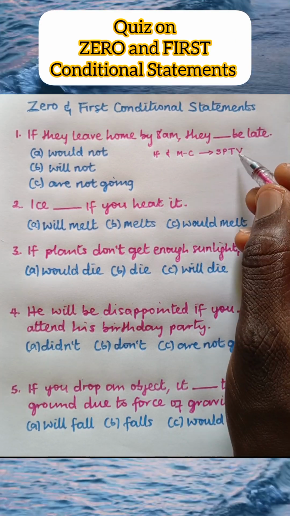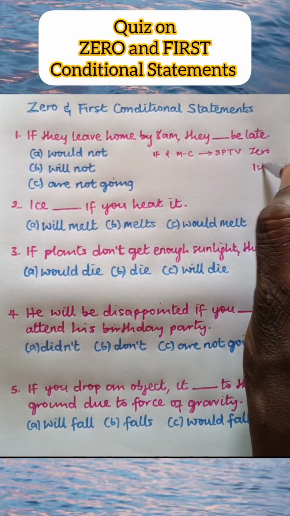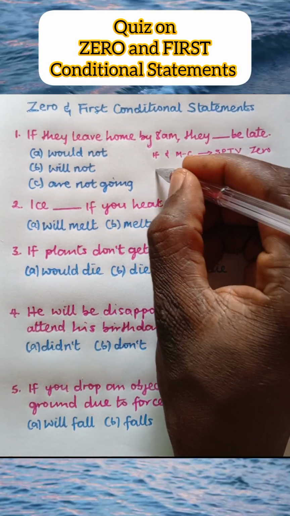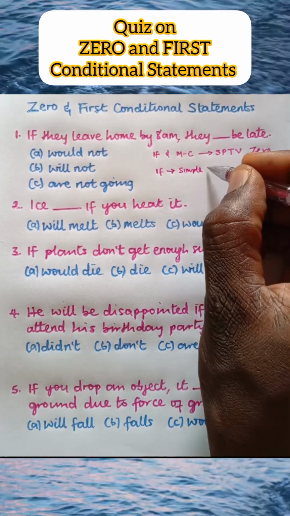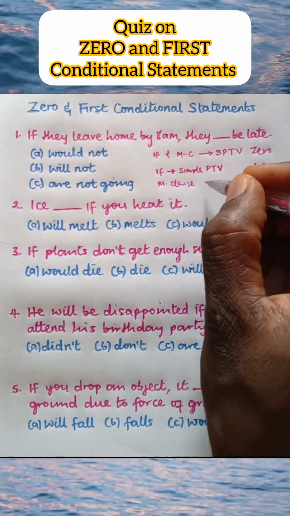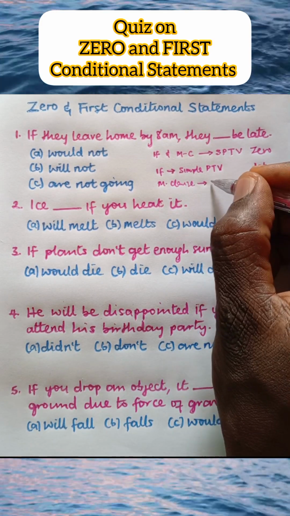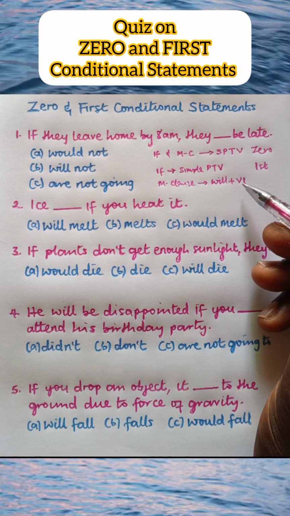Do you get that? Simple present tense verbs. That is for zero conditional statement. Then for first conditional statement, the if clause usually takes simple present tense verb, while the main clause takes simple future tense, that is will, plus the base form of the verb, verb 1.